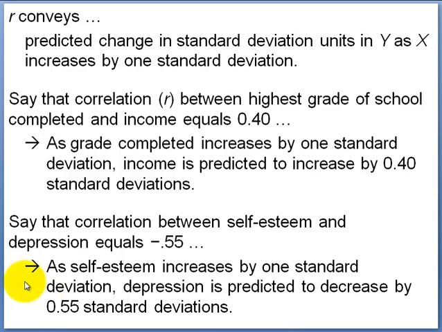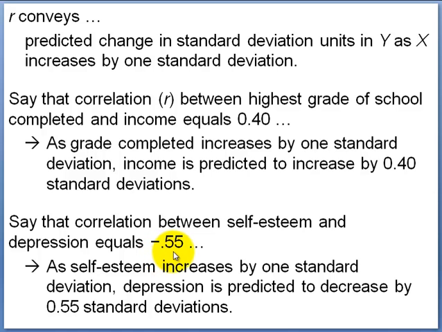And I'll just make a note. Correlation in some senses is bidirectional. It works both ways. But it really only works both ways if both of the involved variables are such that neither is clearly independent and dependent. So let me go ahead and interpret this correlation of minus 0.55 differently.